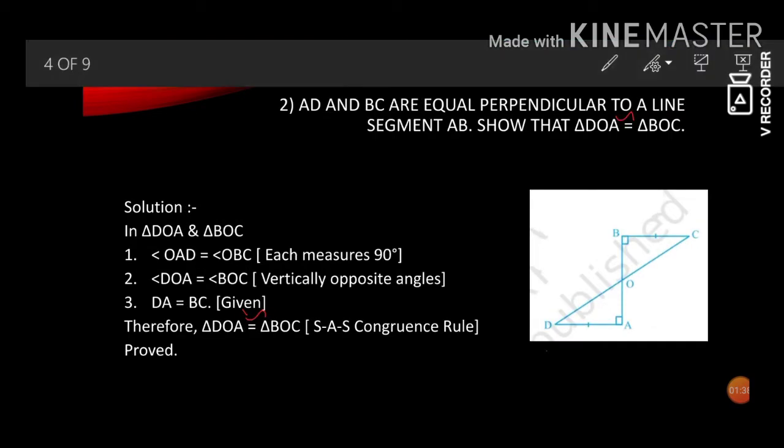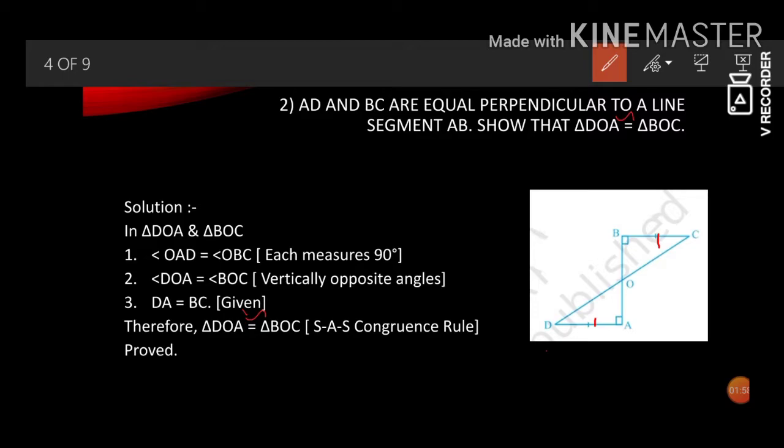Question number 2 says AD and BC are equal perpendiculars to the line segment AB. So AB is the line segment, and on this line segment there are equal perpendiculars, that is BC and AD. So these two are equal.